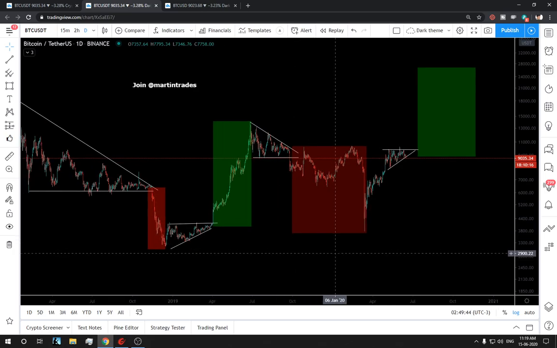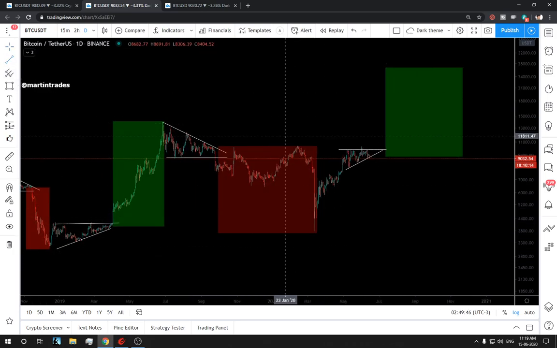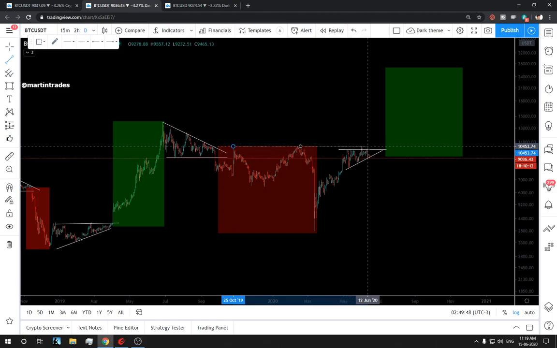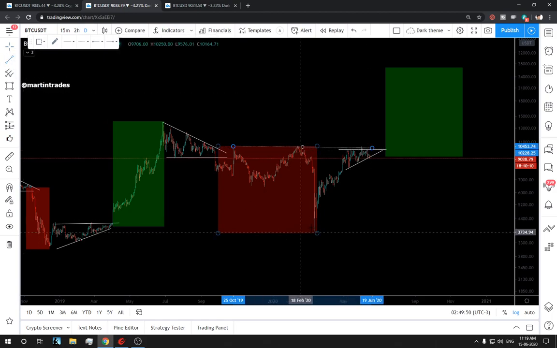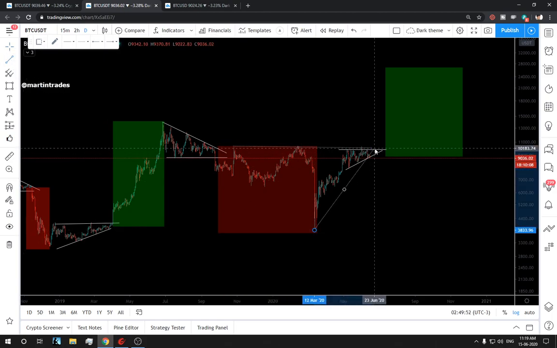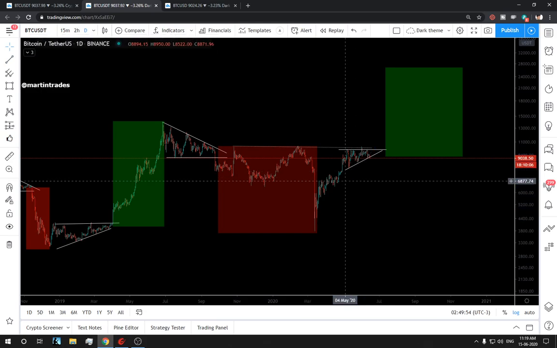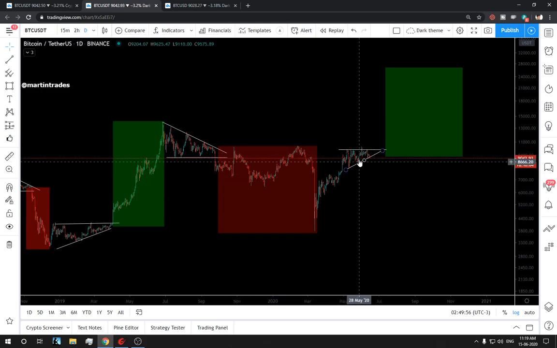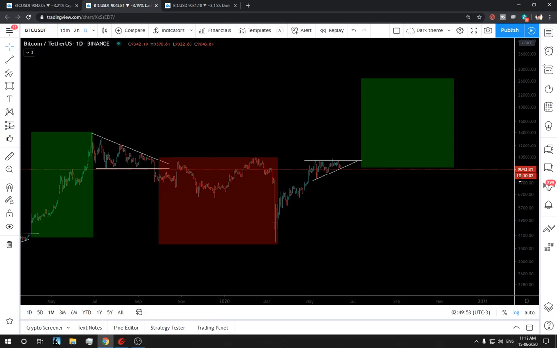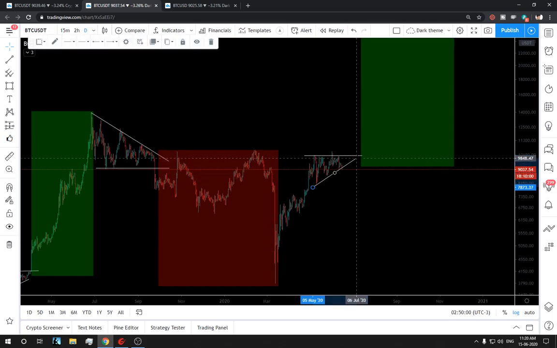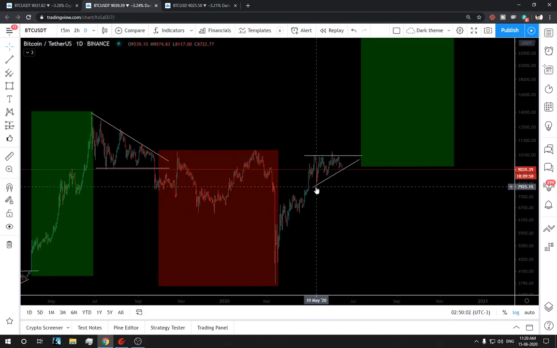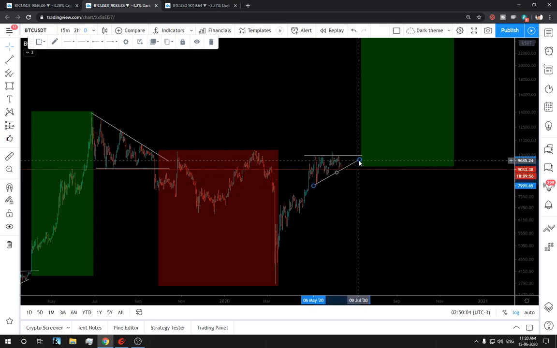And also, if you like to see a bigger ascending triangle pattern, but this is not that clear. So I like this one, which is forming right now, the ascending triangle pattern. That's not yet violated. We had two touches again.